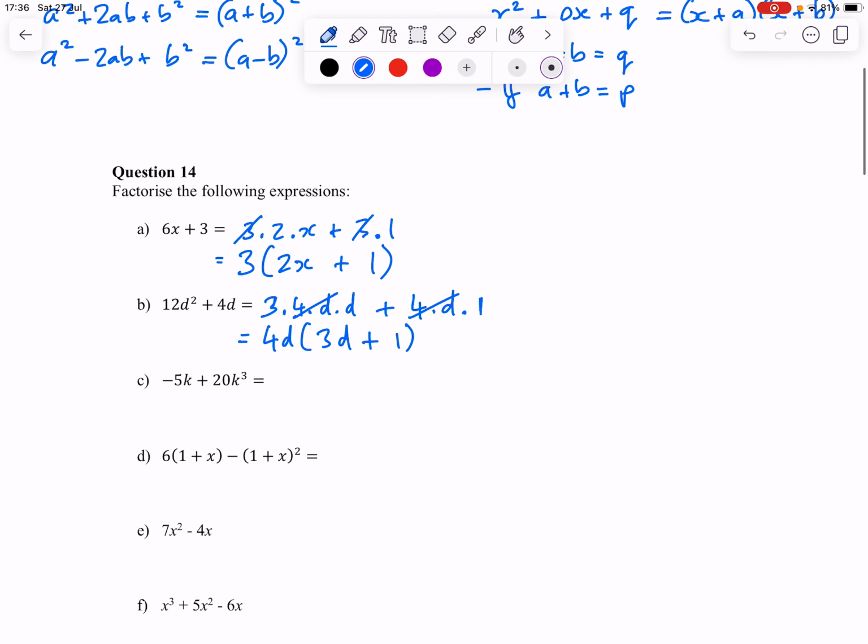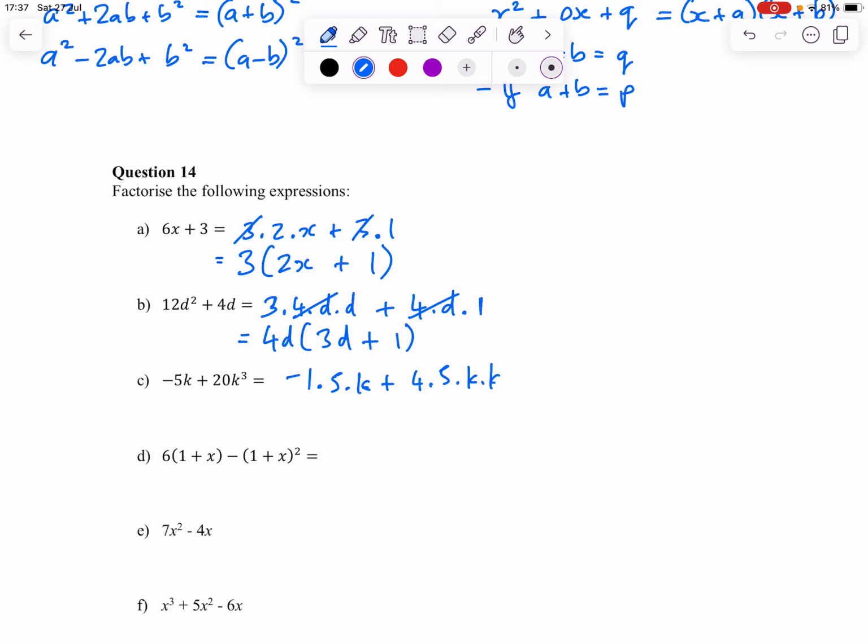Next one here. It's going to be 5k, because to get negative 5k, you go negative 1 times by 5 times by k, plus 20. What involves 5? 4 times by 5 times by k.